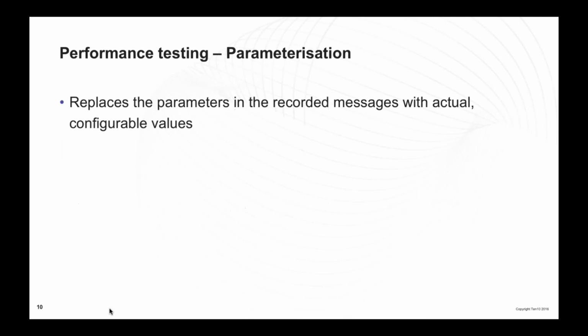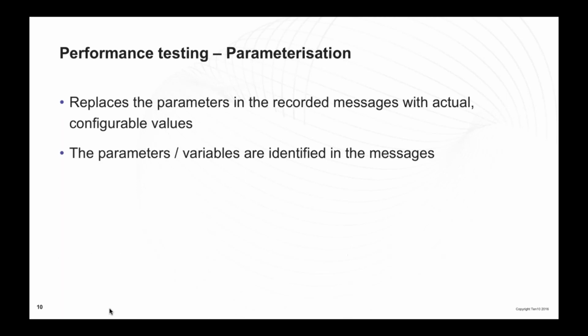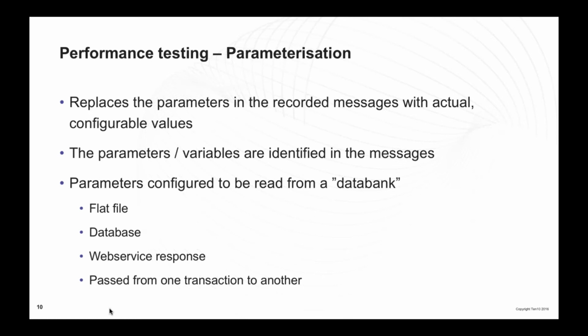Now we do this from what's generally called a data bank, which is really a configurable set of variables which you can fire into these messages. The source can be varied. It can be a flat file, it can be a database, it can be a message returned from a web service, many, many different types. And what we often see as well, in the case where we have more than one transaction, is that we have parameters passed from one transaction to the other.